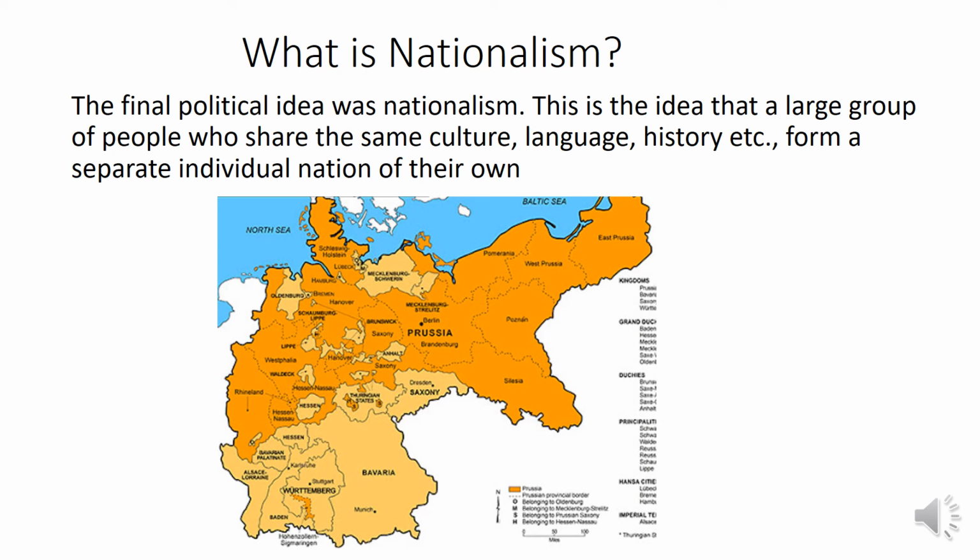The idea of putting the people at the centre of politics and giving them freedoms that are protected, the right to say what they want, to write what they want, to express their ideas, to have a say in the political system. And finally, nationalism. This idea that many states in Germany had this shared identity and that they should be brought together to create one stronger country, or Germany.